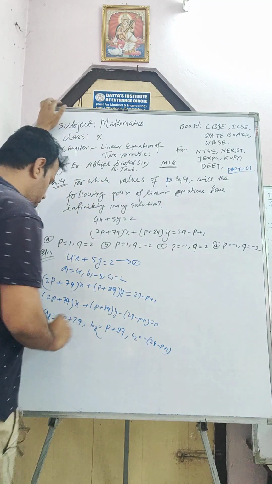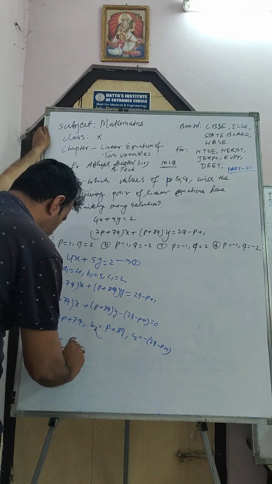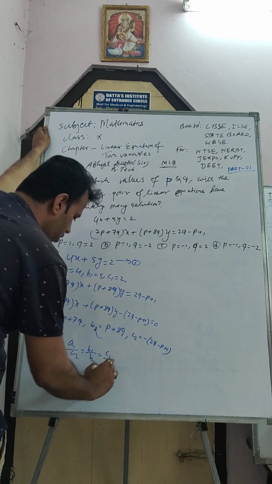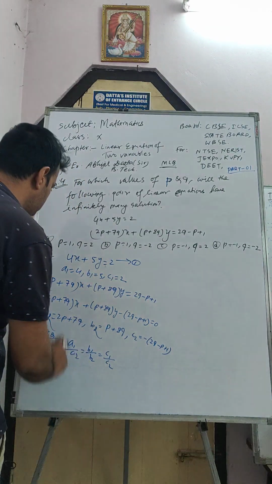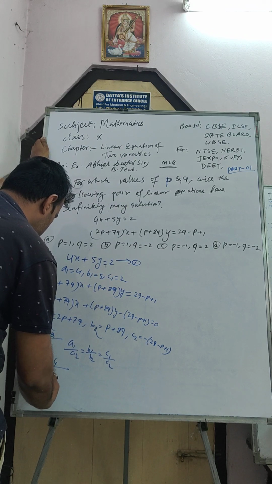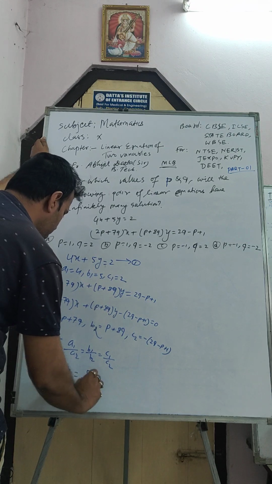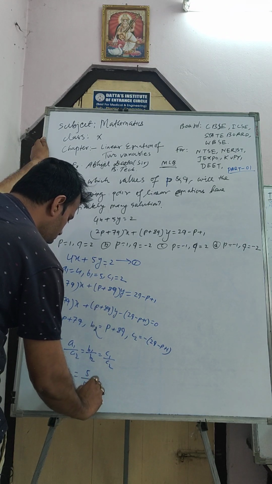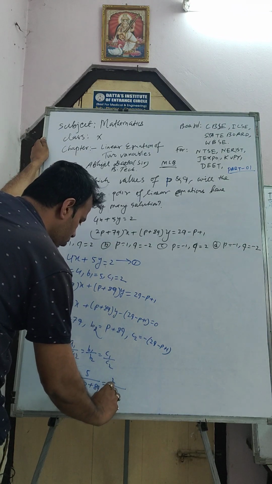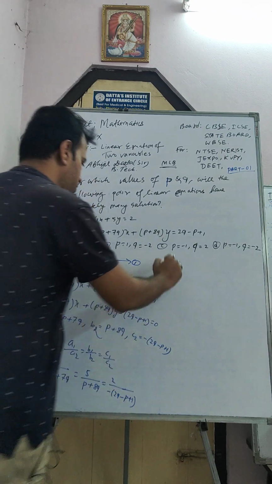Okay, so now according to the question, a1 by a2 equal to b1 by b2 equal to c1 by c2 for infinitely many solutions. These are the conditions. So I put the values: a1 is 4 and a2 is 2p plus 7q, b1 is 5 and b2 is p plus 8q, c1 is 2 and c2 is 2q minus p plus 1.